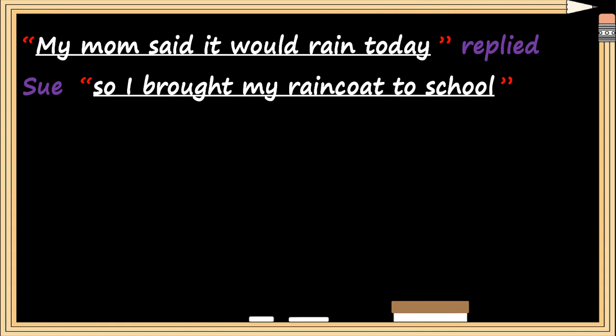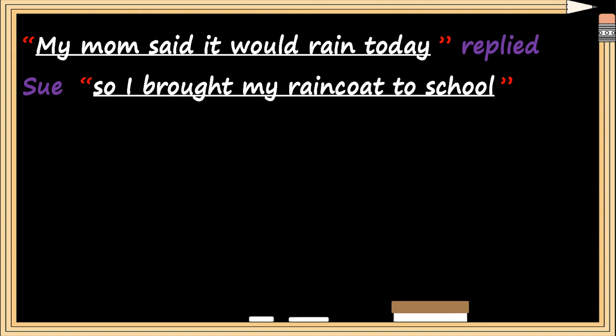Now ask yourself, are these 2 sentences independent sentences, or is it one sentence continuing? "My mom said it would rain today." That's a complete sentence. "So I brought my raincoat to school." Now, if you remember, you cannot start a sentence with "so." That's an incomplete sentence. So that tells me that this sentence is actually one sentence that is continuing. It's just being interrupted by the quote.